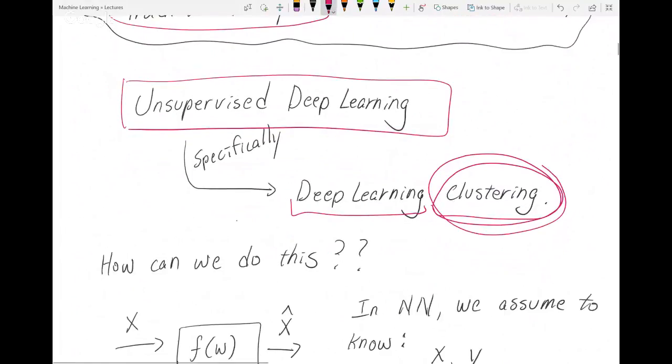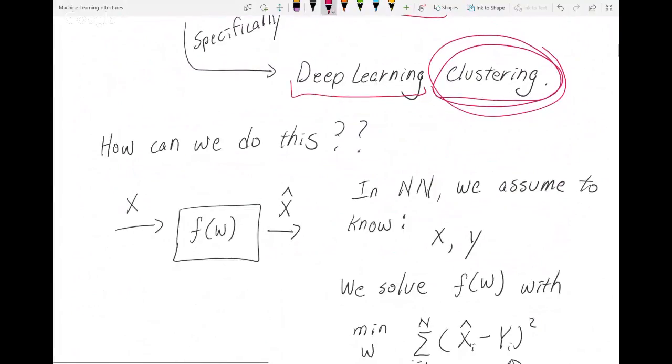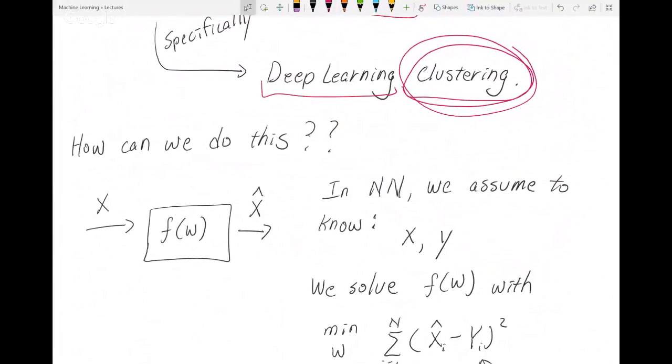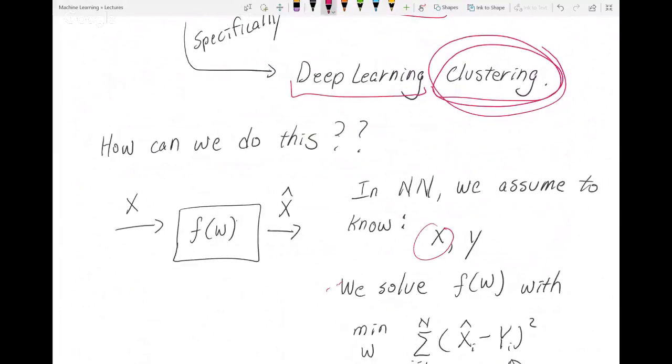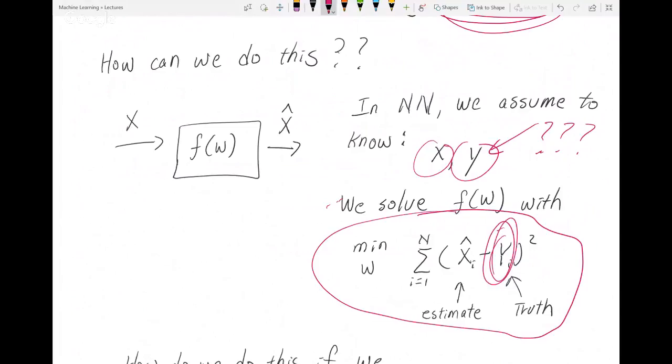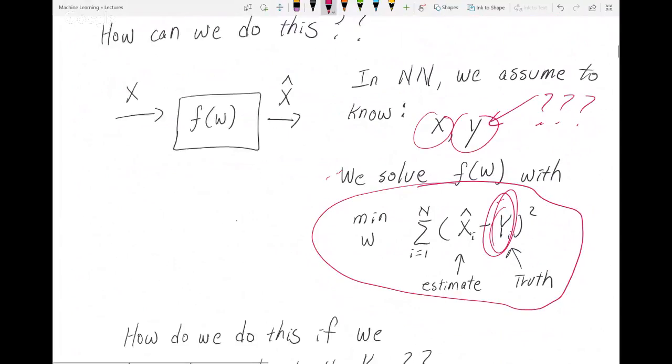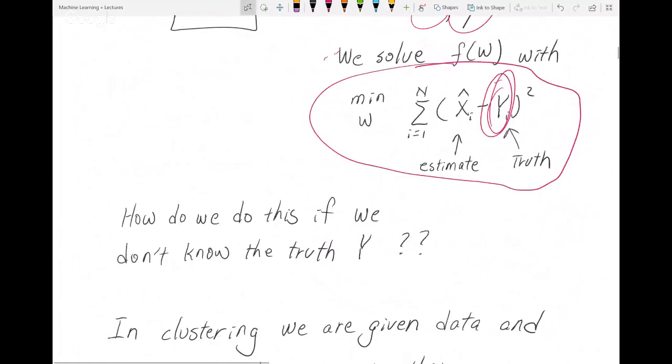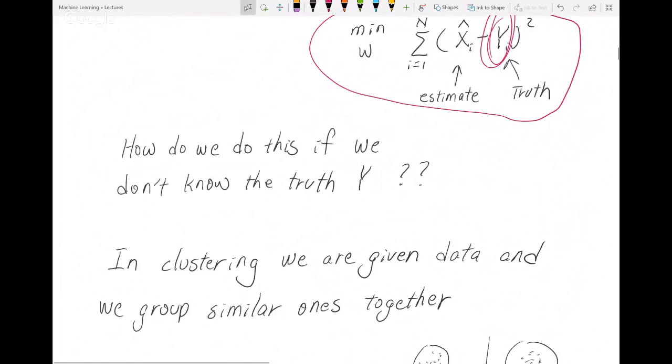Well, in neural networks, we assume that we know both the input and the output, X and Y. But we're now going to assume we don't know Y. No idea. Now, how do we go about solving this? This was the objective of neural networks that we were looking at. And if we don't know this, we can't really solve it anymore. It seems difficult. So how do we do this if we don't know Y?